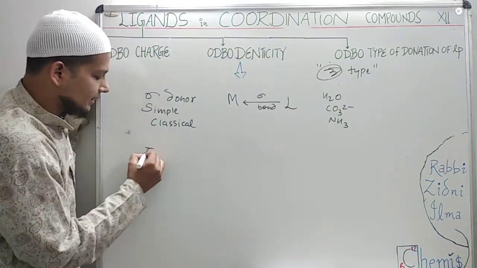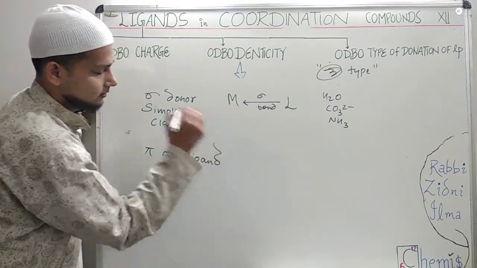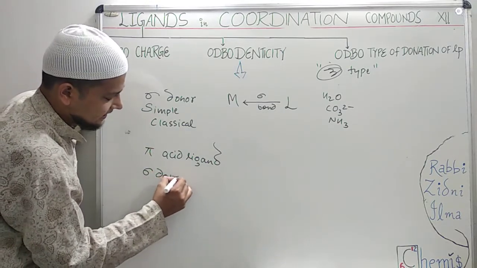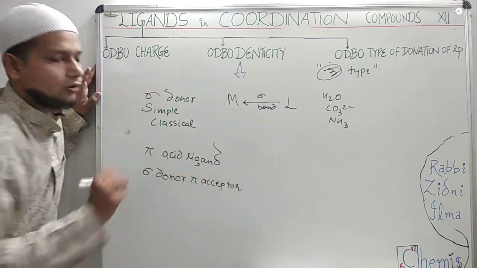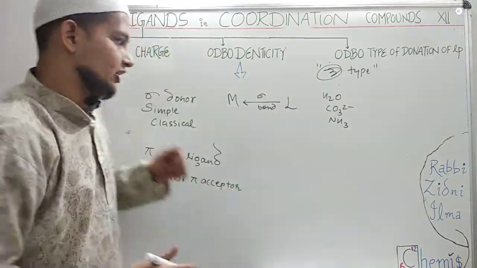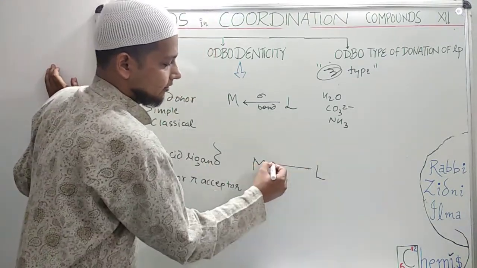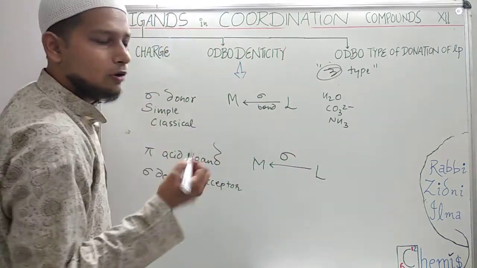Next is our pi acid ligand, and also known as, I think, pi sigma donor, pi acceptor. Now these are a different category of ligand. These are very demanding in nature. Suppose this is our metal, this is our ligand. It will give its electron and form a sigma bond like bond.